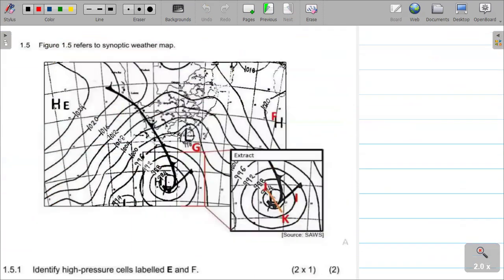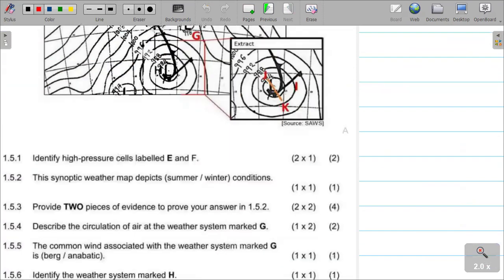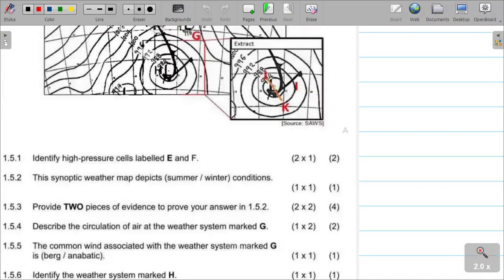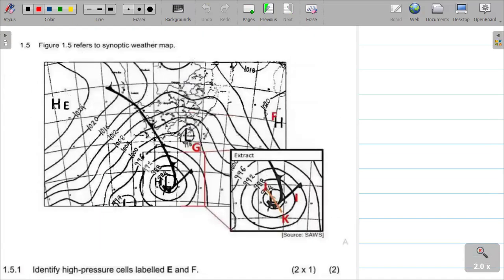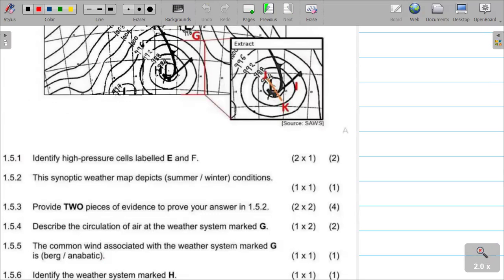And then question number 5, it's a synoptic map again, a weather map, which we also need to quickly look at. As I've said, it's all about understanding synoptic symbols that are used to define weather factors.